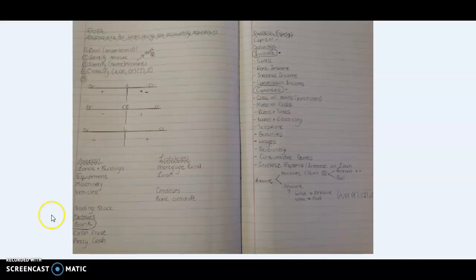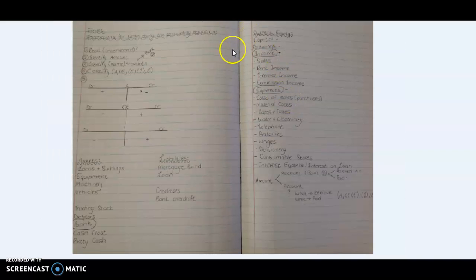So all the things that you own are your assets, things that are yours. Liabilities are things you are responsible for, like mortgage bonds and loans, and your creditors, people you owe money to, and your bank overdraft, the money that you owe to the bank itself.